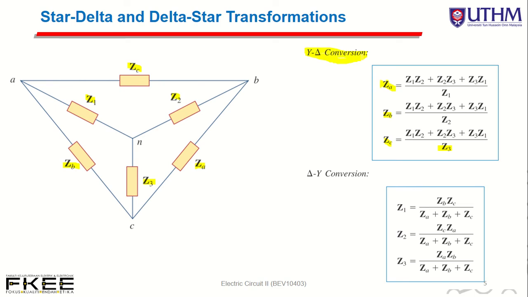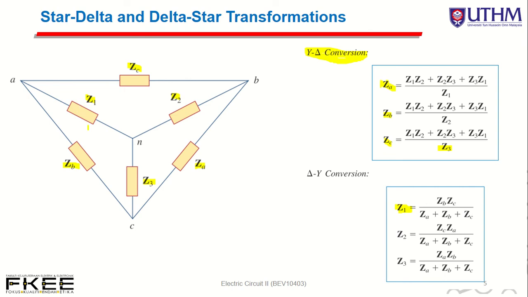Next, how to convert from delta? Let's say we have a delta given ZA, ZB and ZC, and you need to find Z1, Z2 and Z3. We can use this equation. For example, how to determine Z1? Z1 equals ZB times ZC divided by ZA plus ZB plus ZC.